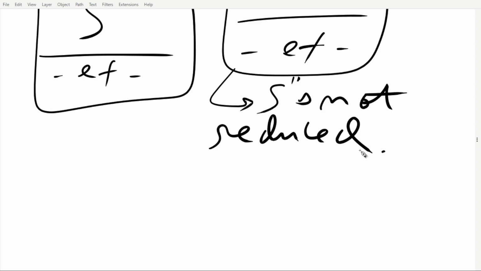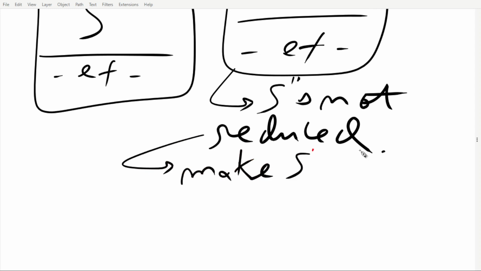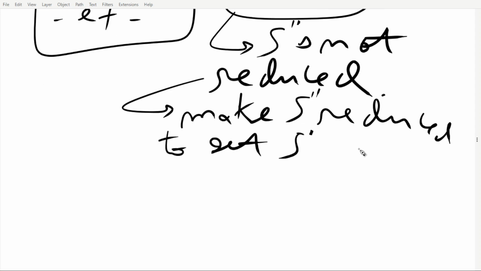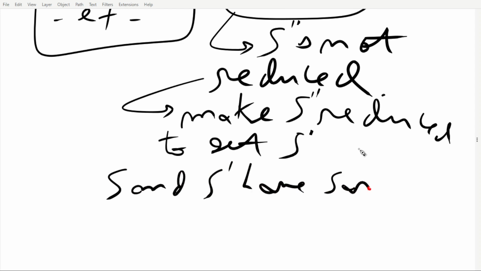Now what we do is just make S double prime reduced to get S prime. So now both S prime and S have the same cache.